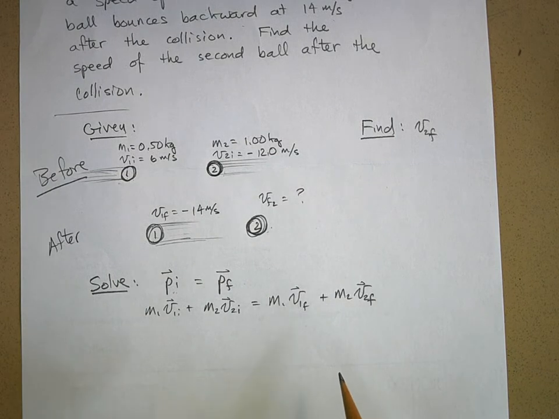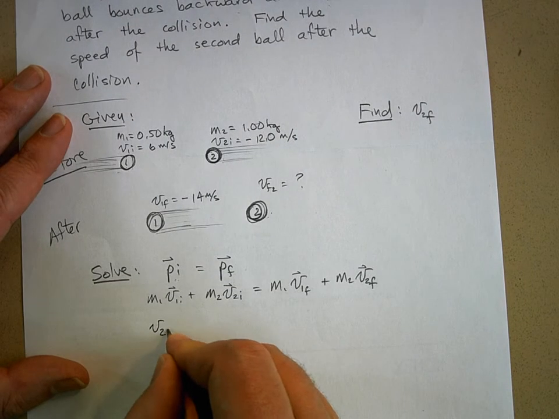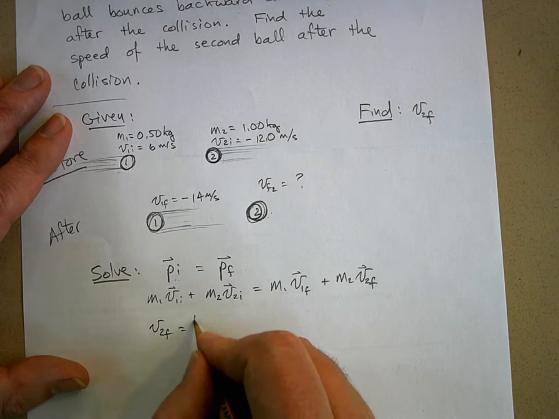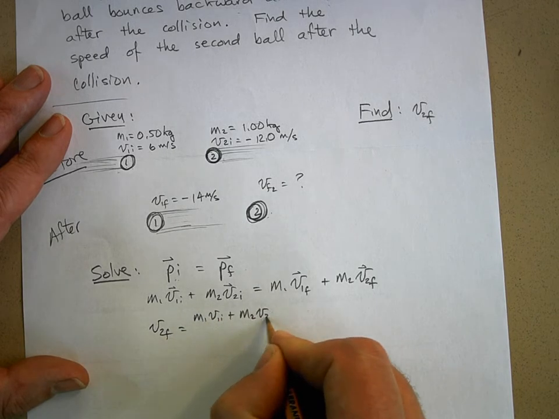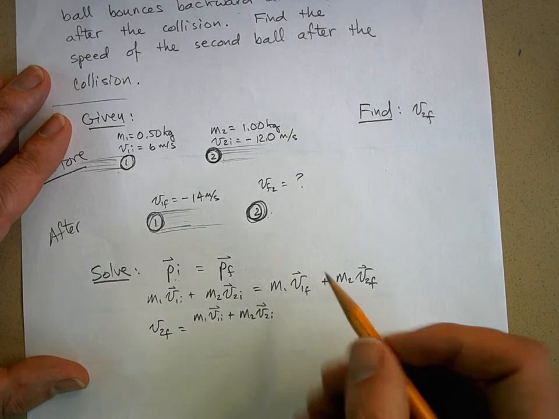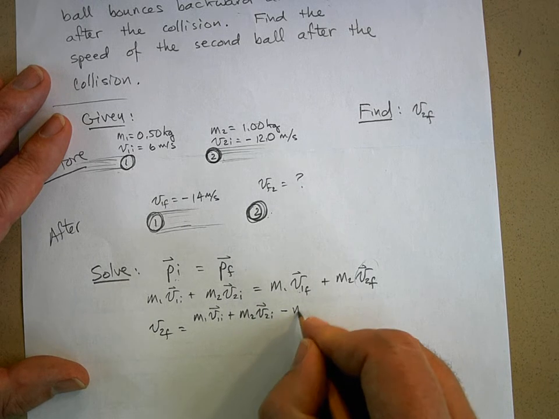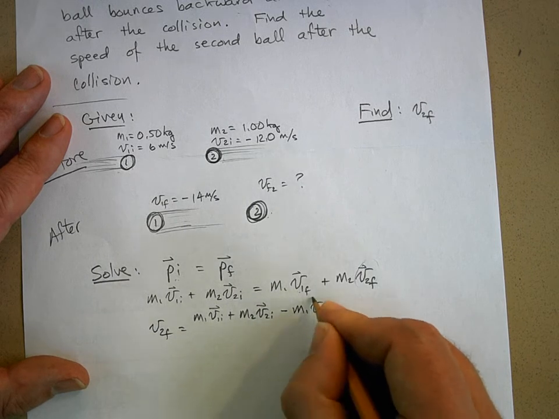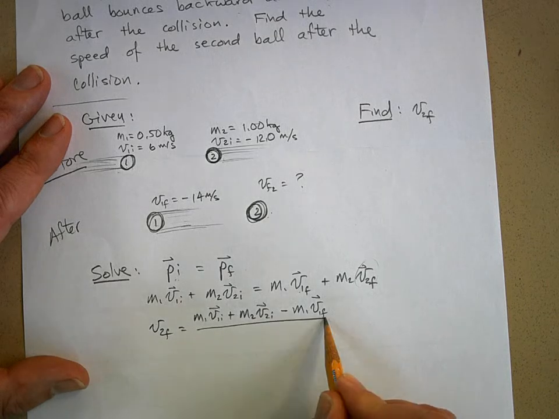I like to solve for my unknown and then plug in all the numbers. But that's your choice, because it's all good. So V2 final is going to be equal to M1 V1 initial plus M2 V2 initial, minus M1 V1 final, and then I'm going to divide by M2.